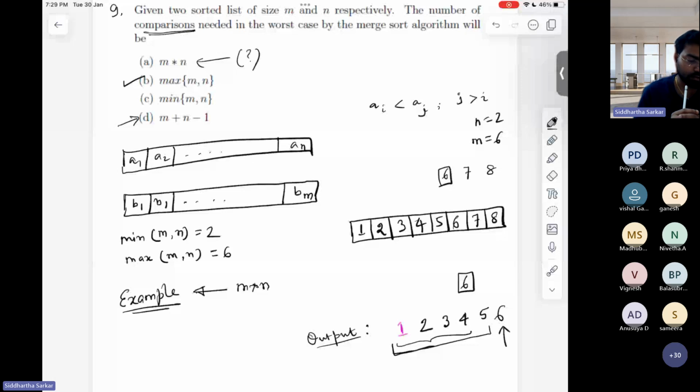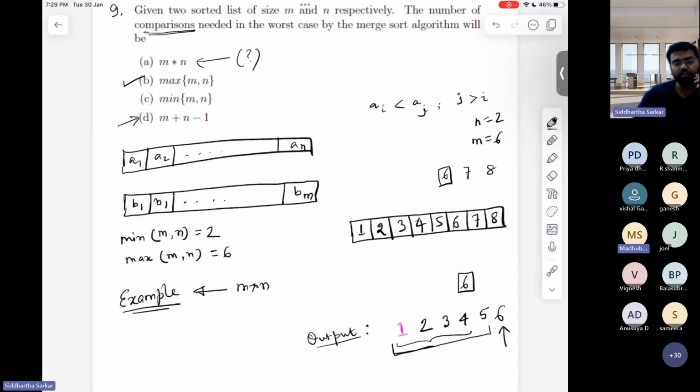Yeah, in case you're going for m by n, in each iteration one element will be moved to the sorted array. So obviously it may not require m cross n. Fine. Because under each comparison we are neglecting one number, right?